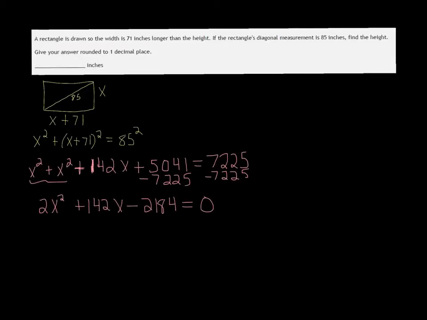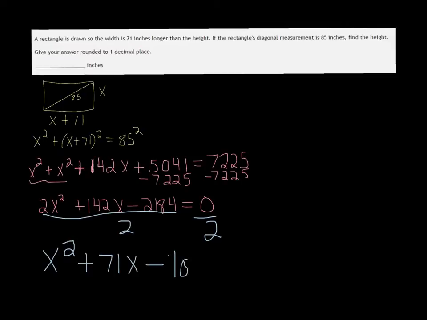Let's start off, since everybody is an even term, we can divide both sides by 2, and then we would get x squared plus 71x minus 1092. So that just makes it a little easier to work with. We can check to see if this is a nice factorable one, which it should be.